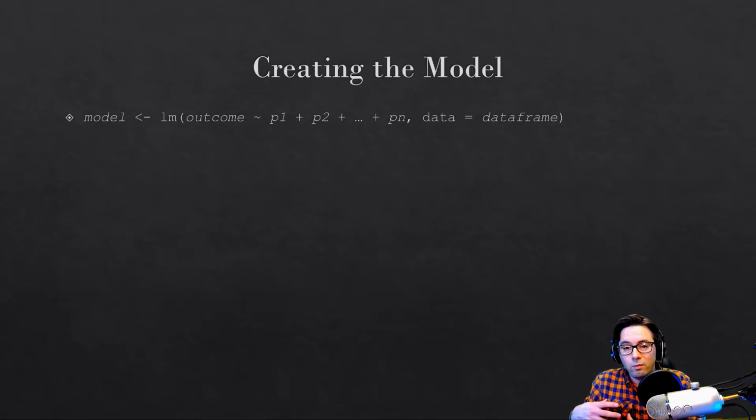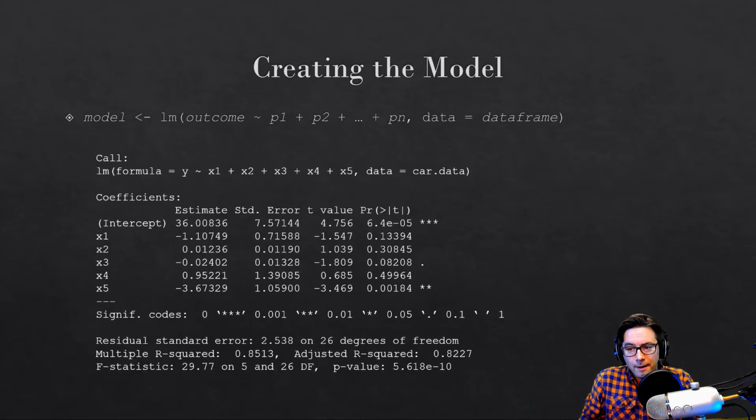So when we do that in the walkthrough, in the code that's given in the text, we do x1, x2, x3, x4, and x5, and we get this. This is what we get from the summary for most of the part of the summary. I did exclude some of the top part.